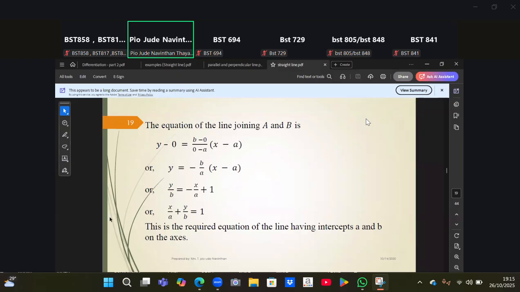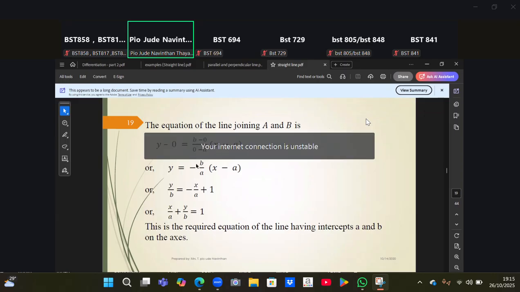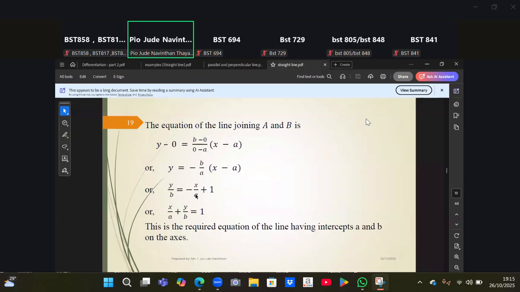Right? If we divide by b, here already b is there. So plus is there. x over a, y over b, and b over b will be equal to the other side, 1.